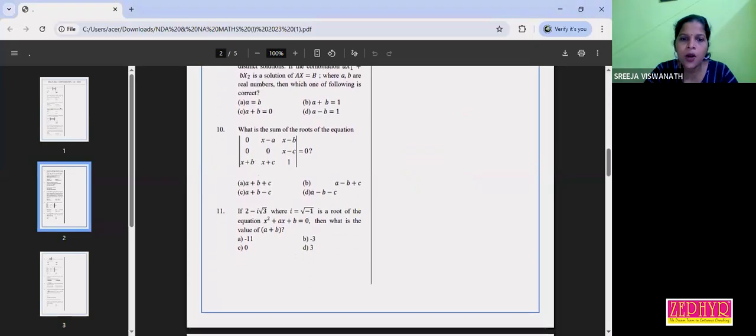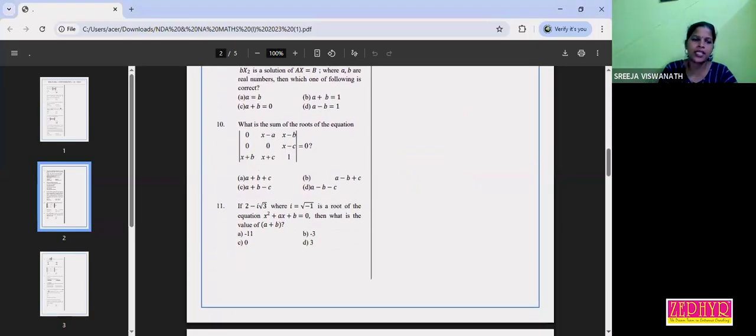What is the sum of the roots of the equation? So first you have to open the determinant and find the value of x. What is the determinant value? (x plus b) into (x minus a) into (x minus c) is equal to 0, right?